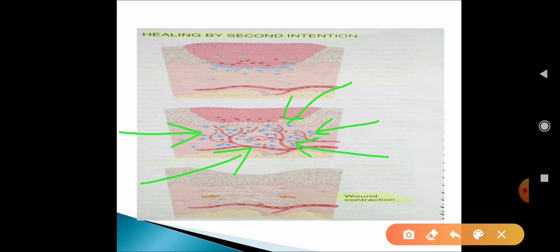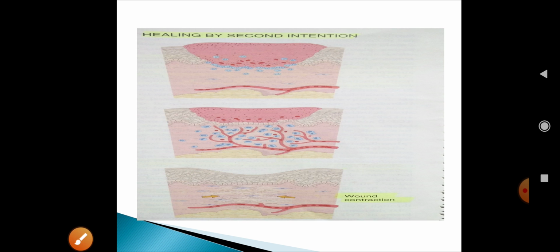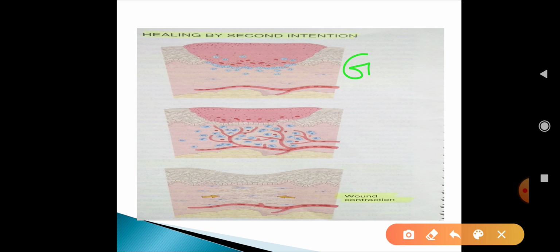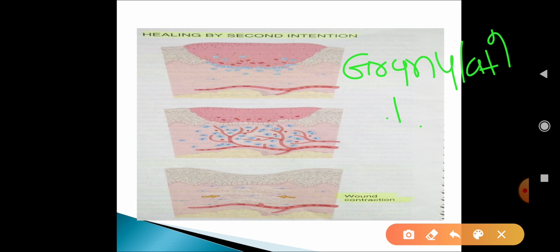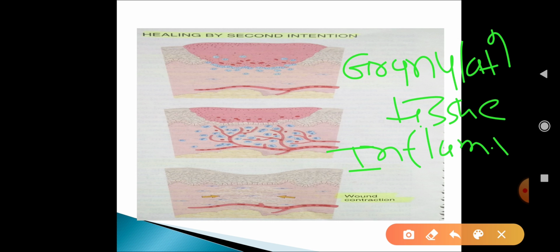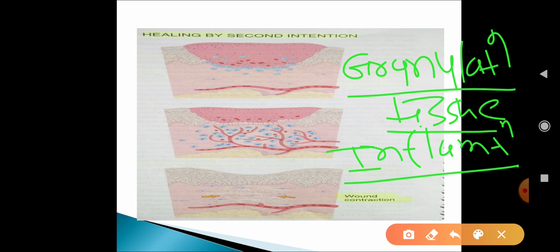So in the secondary intention there will be more granulation tissue, and there will be more inflammation, right? So in that way you can differentiate it from primary intention healing, right? Here granulation tissue is more, there will be more inflammation.